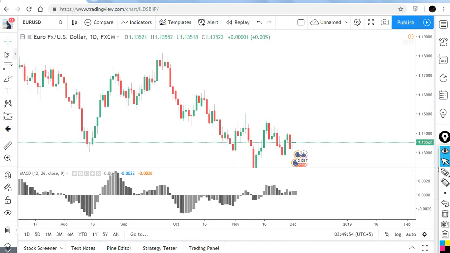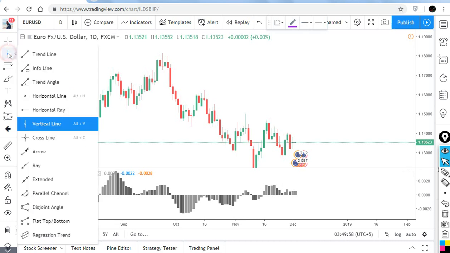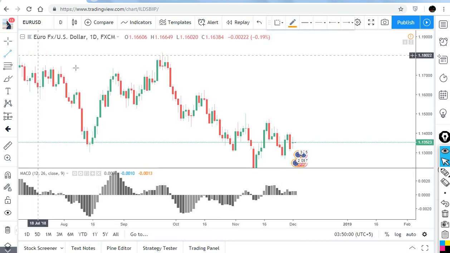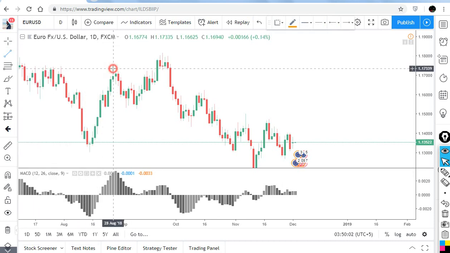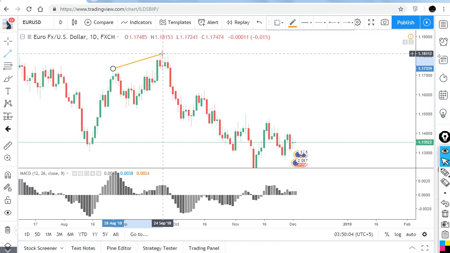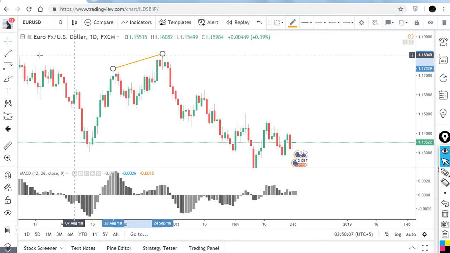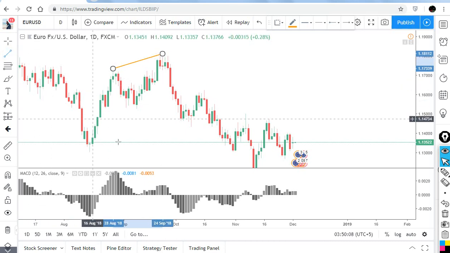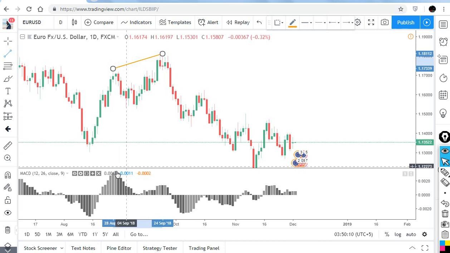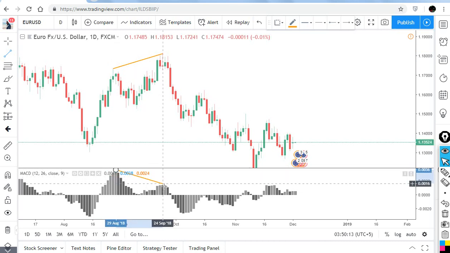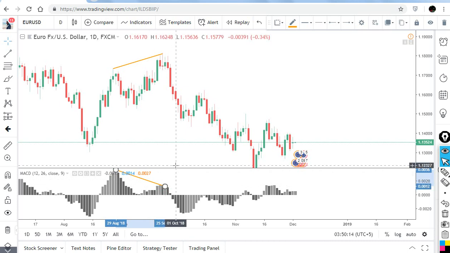Let me place some trend lines over it, so after drawing it will be much easier to understand. Now here is our higher high and another higher, and there is our higher high and high low. Now it's confirmed that there is a divergence here, so the market will move down after it.